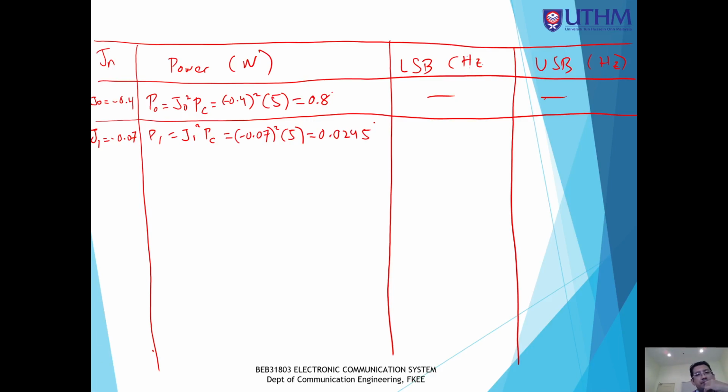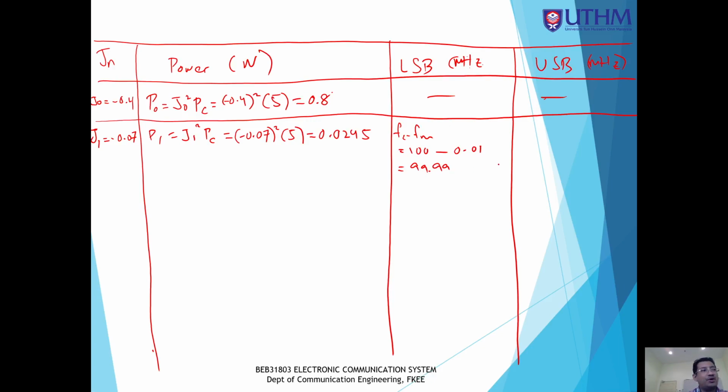What about the frequency? It has a lower sideband and an upper sideband. The lower is located at Fc minus Fm, which is 100 megahertz minus Fm, 10 kilohertz, that means 0.01 megahertz. So the frequency is 99.99 megahertz.